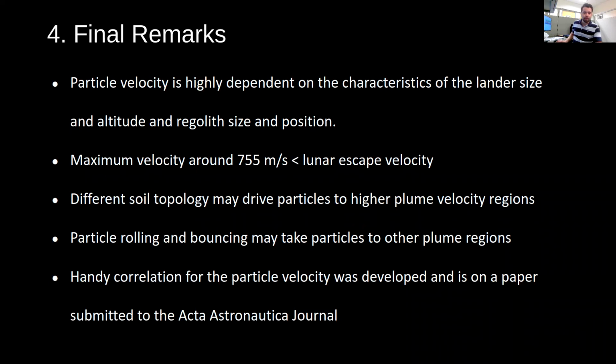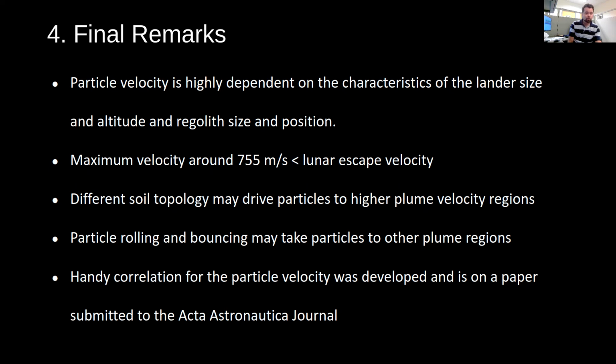As final remarks, particle velocity is highly dependent on the characteristics of the lander size, altitude, and regolith size and position. As we saw, the maximum velocity of the particles in this study is below the lunar escape velocity. However, different soil topology may drive particles to higher velocities in the plume region.